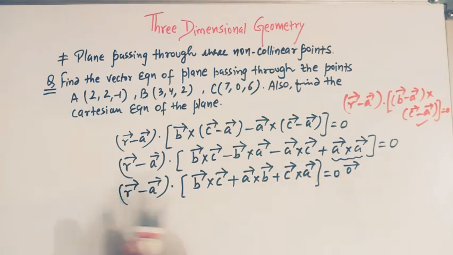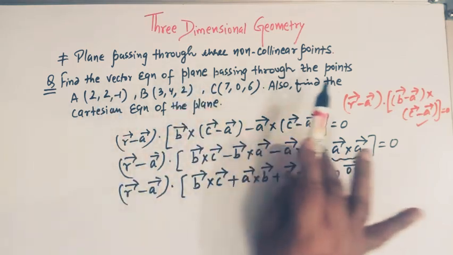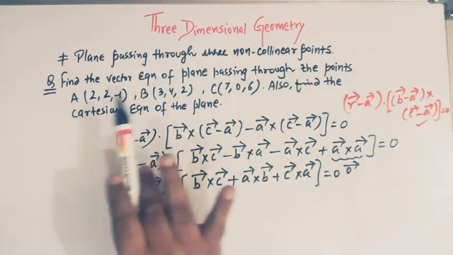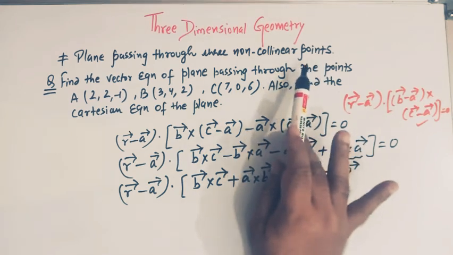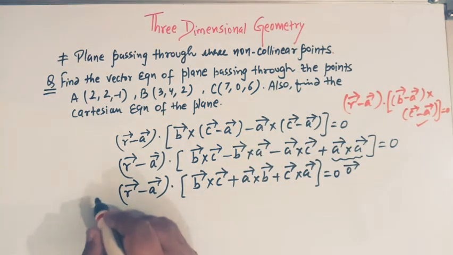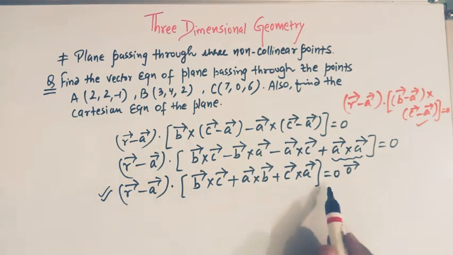So the vector equation of the plane which passes through three non-collinear points can be simplified to this vector equation, right?